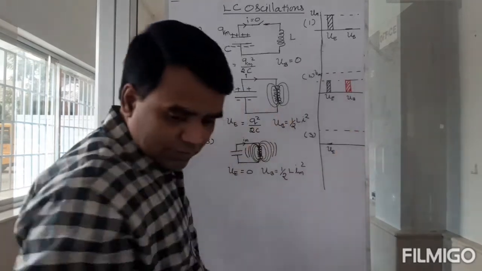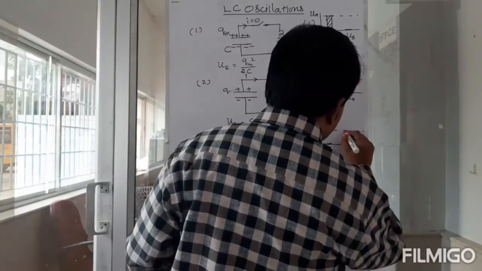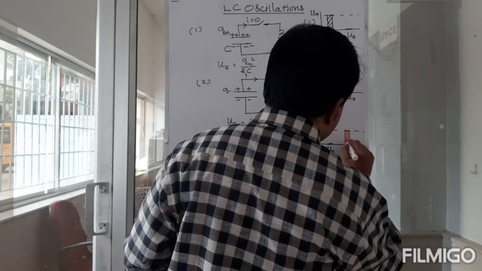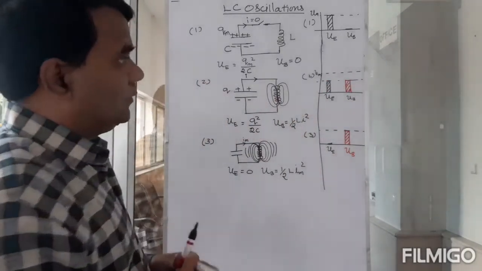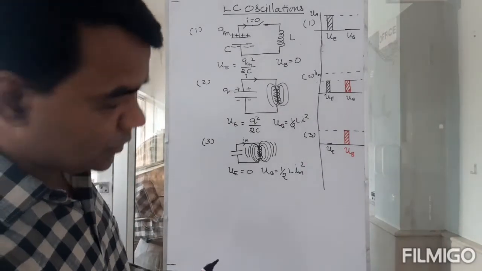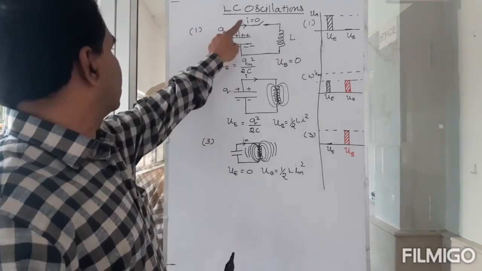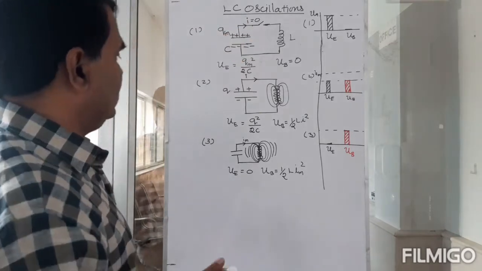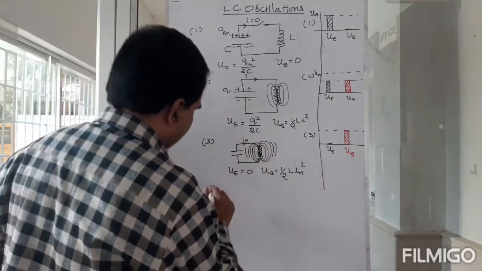And here, your UB will be this. Everything will be in the magnetic field. Okay? So there is no charge on the capacitor. All the charges have come and balanced here.